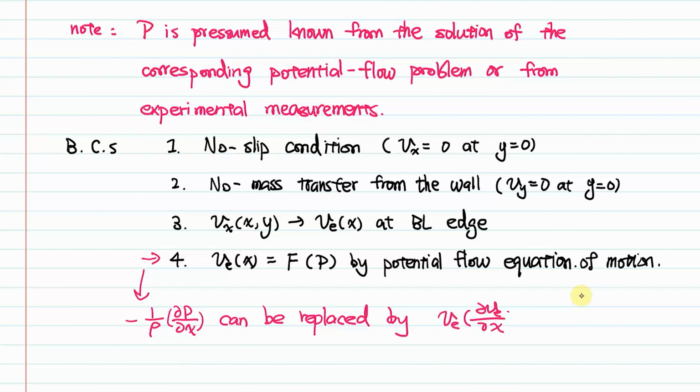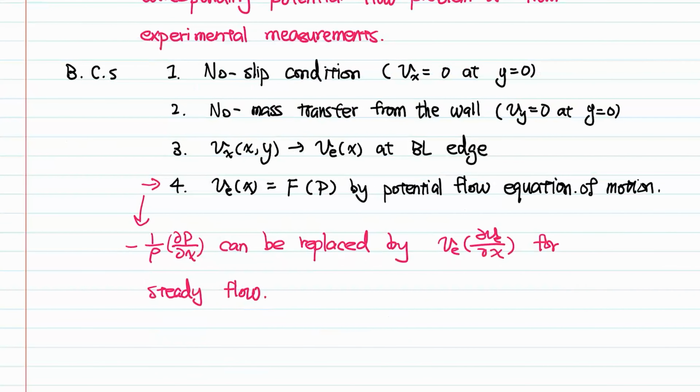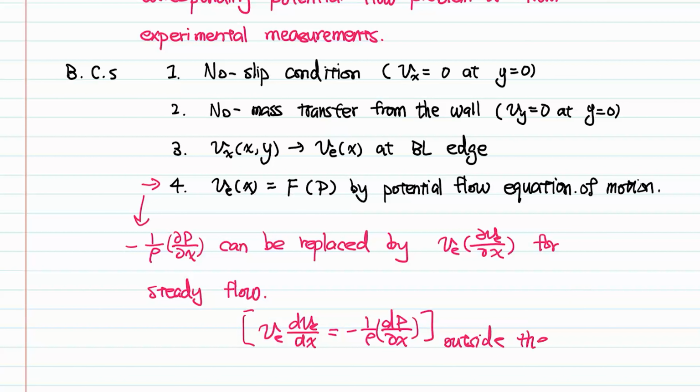This is from the equation of motion for the potential flow for steady flow. That's because for a steady flow in one dimension, Ve dVe dx is only driven by the pressure gradient, 1 over rho dP dx, outside the boundary layer.